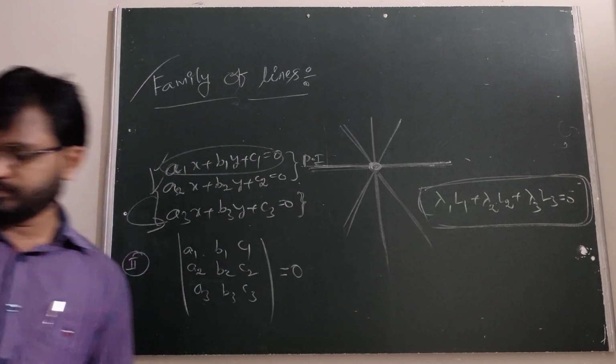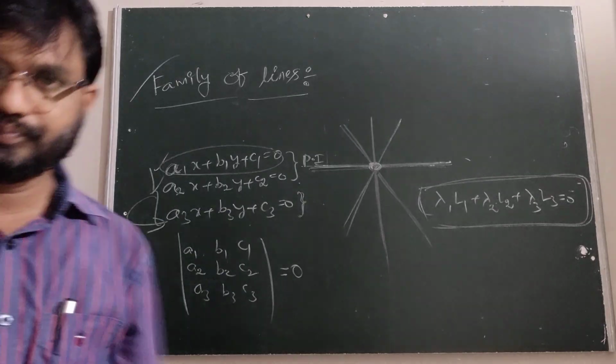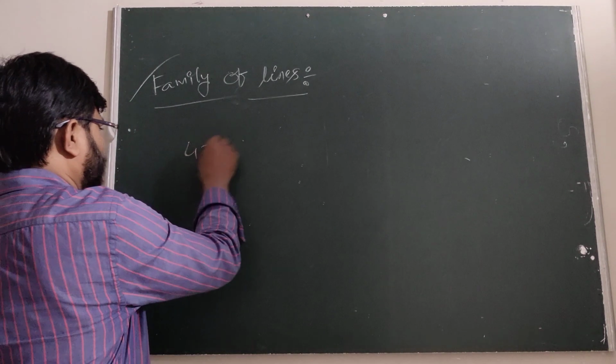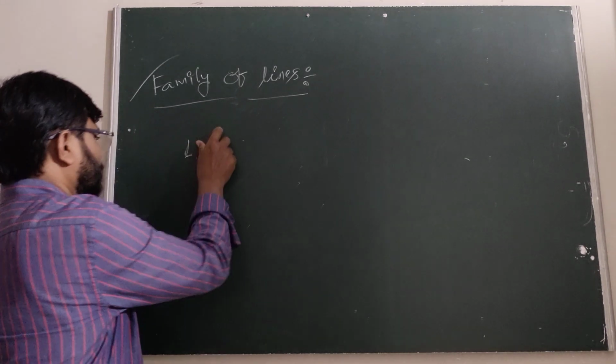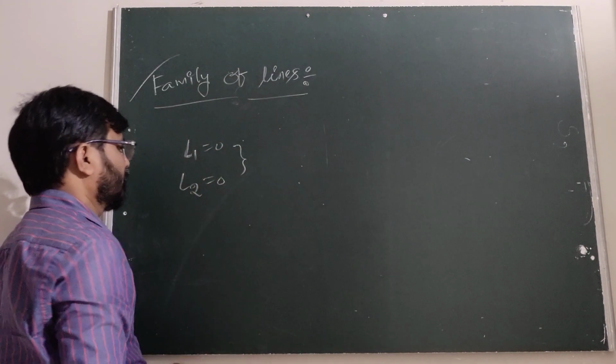Now, family of lines. Suppose L1 equal to 0 is a straight line and another line is L2 equal to 0.